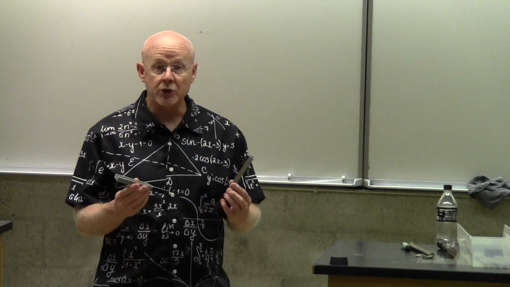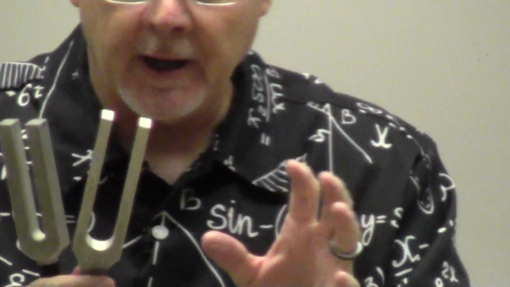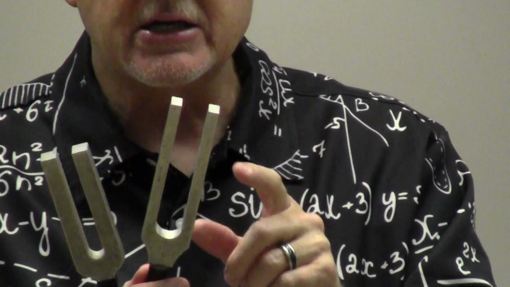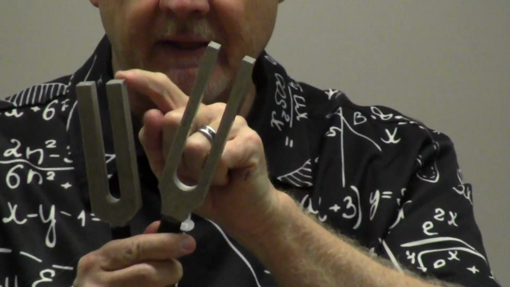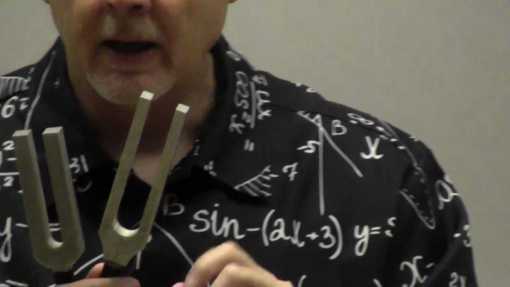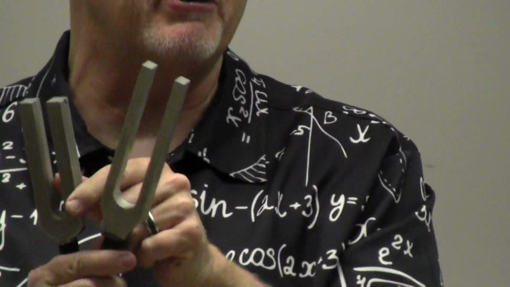Now, hopefully, let's go back to our mechanics for a moment. It doesn't surprise you too much that this one would be 1,024 times, because notice that the aluminum is thicker and therefore stiffer. It's also shorter, and so remember that whole moment of inertia thing. I would expect that these longer metal pieces would be harder to rock back and forth, and these would go back and forth a little bit faster because they're stiffer, thicker metal.